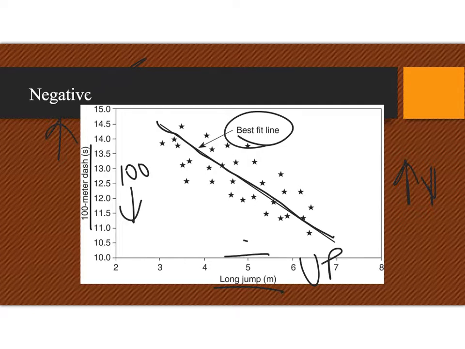You can see this. As long jump went up, the scores right here went down. So the time went down. So these were better times the farther they jumped. The shorter they jumped, these times were worse.